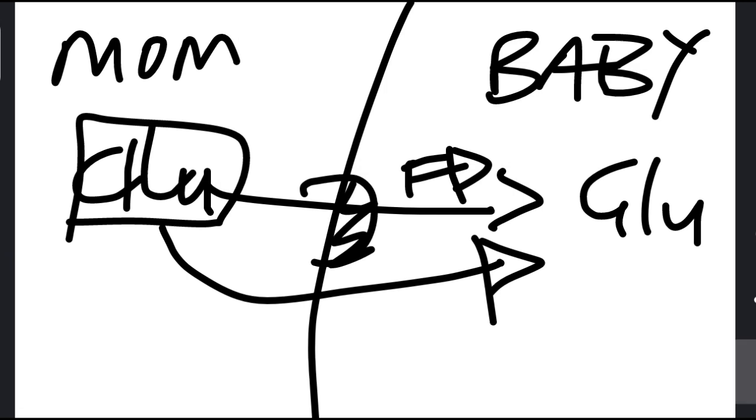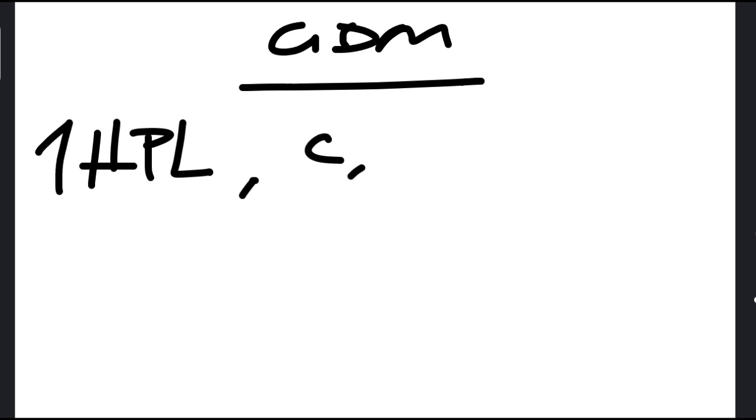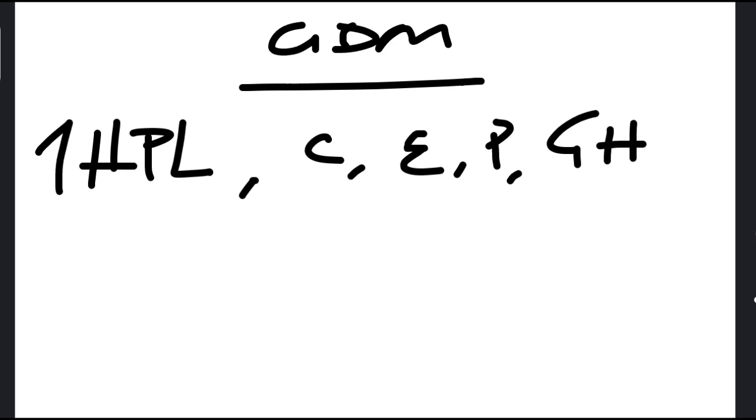Now, in gestational diabetes, what's happening here is that, first things first, there's an increase in the human placental lactogen. Of course, you've got your increase of other hormones, your cortisol, your estrogen, your progesterone, your growth hormone, and stuff like that.